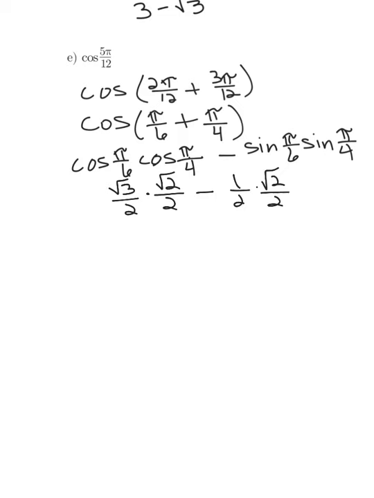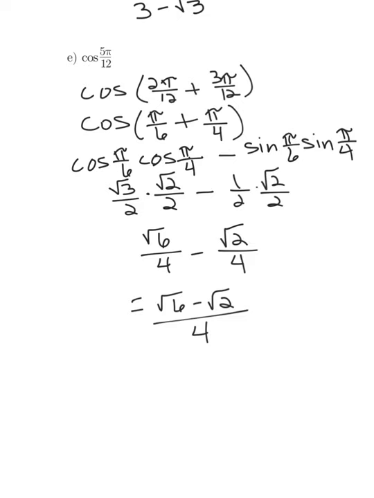Do your multiplying, you get the square root of 6 over 4 minus the square root of 2 over 4. Now make it a single fraction, the square root of 6 minus the square root of 2 over 4, and that's your final answer.